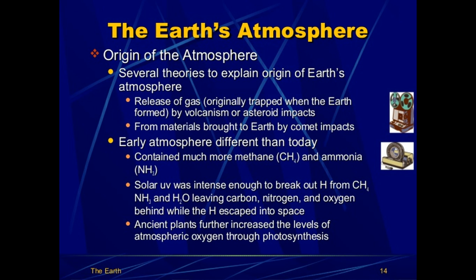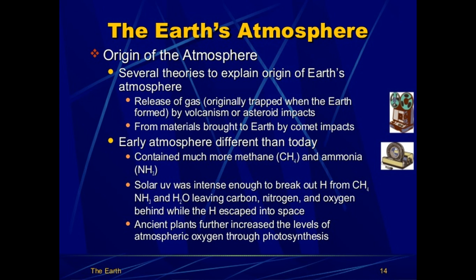Today's atmosphere is different from the earlier one. In the earlier atmosphere, there were two main chemical compositions or gases that are poisonous in character, that is methane and ammonia. Methane, ammonia, and hydrogen, those gases. Hydrogen, not hydrogen, it is water vapor.